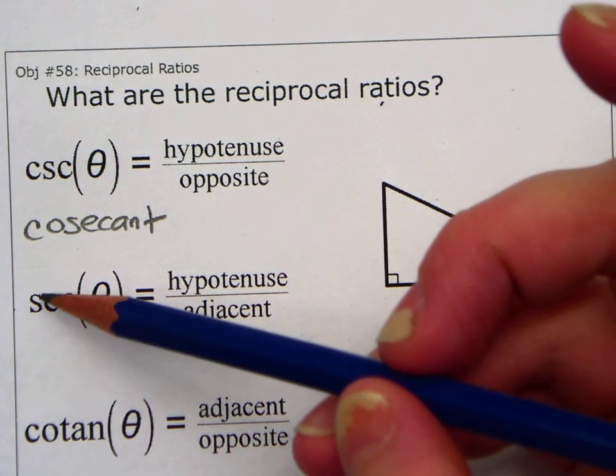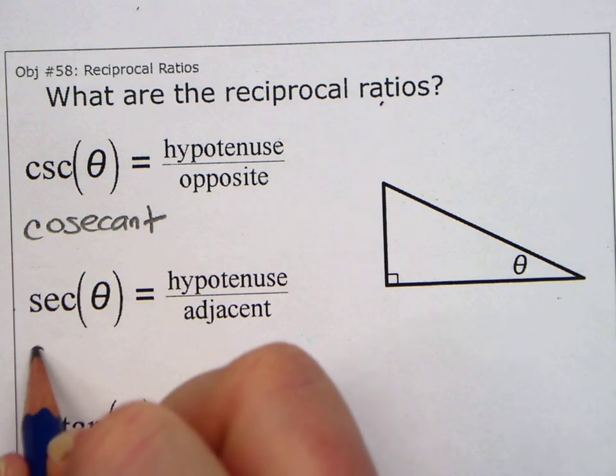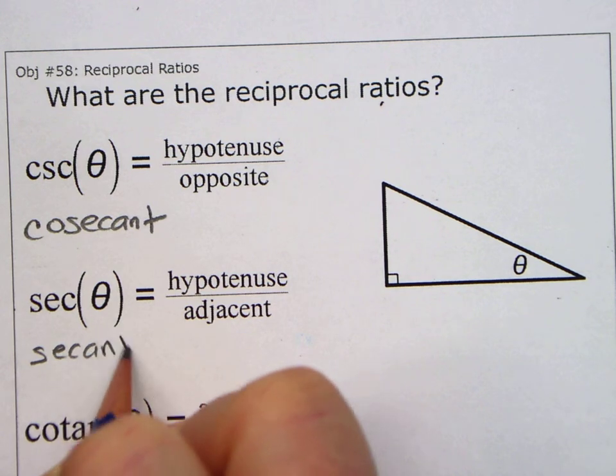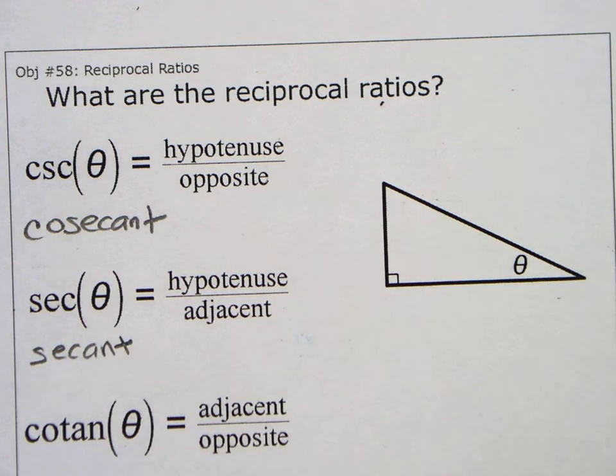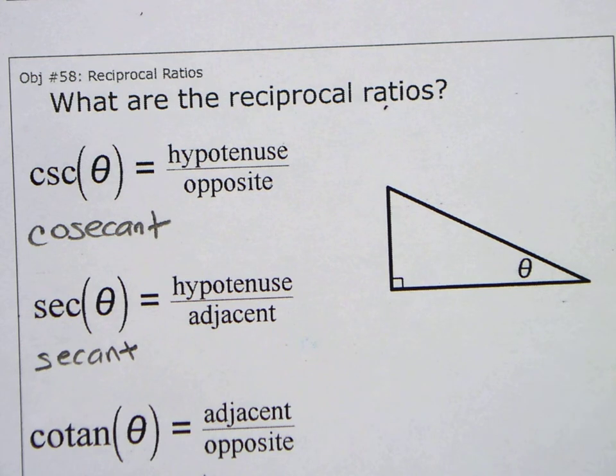Okay. SEC is secant. Secant of theta is hypotenuse over adjacent. And cotan is cotangent. All right. So write these down. It's the same fractions, just flipped, right? Reciprocal, you flip your fraction, right?